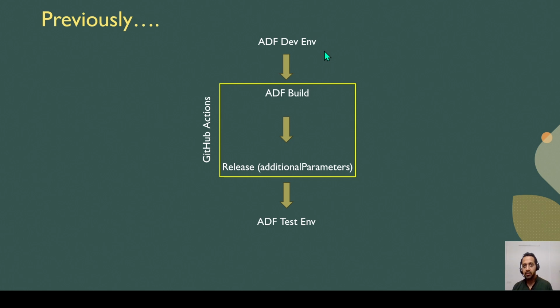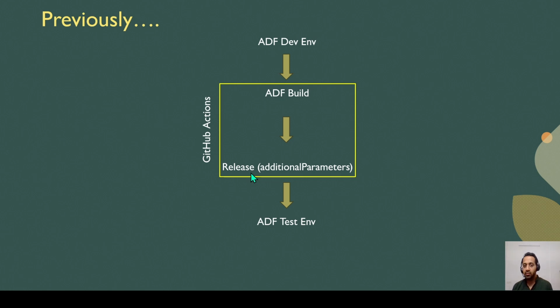Previously, we have set up our GitHub Actions workflow, which takes our code from the ADF dev environment and moves it to the ADF test environment on the push to the main branch in the dev environment. GitHub Actions is doing two steps: one, build, and the second is release.